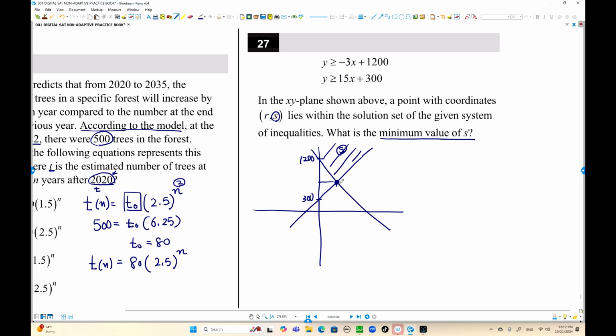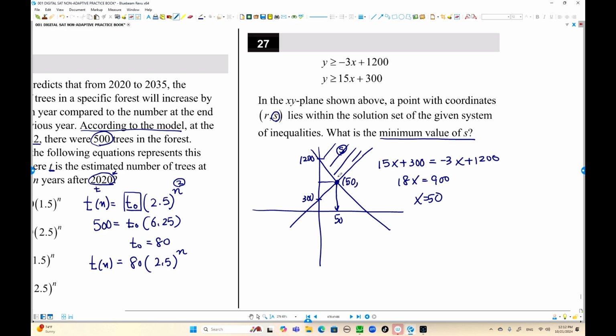So we're going to find the intersection of these two lines. So put in 15x plus 300 equals negative 3x plus 1200. 18x equals 900, right? So x equals 50. At the value of x equals 50, what is the y coordinate?